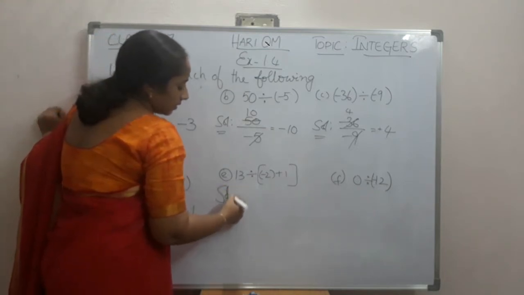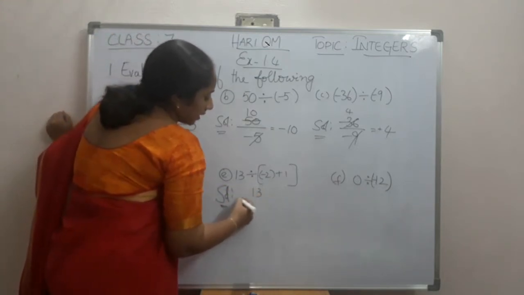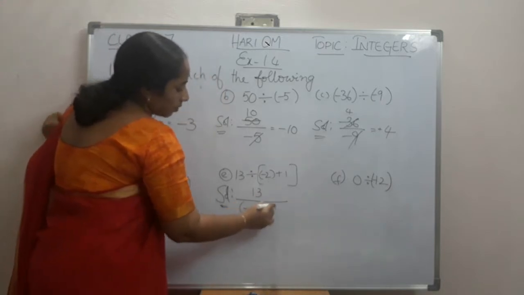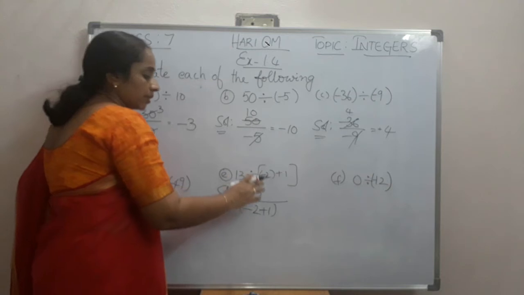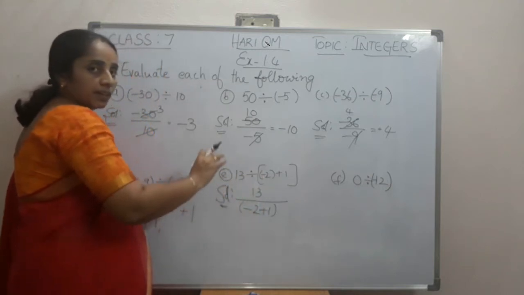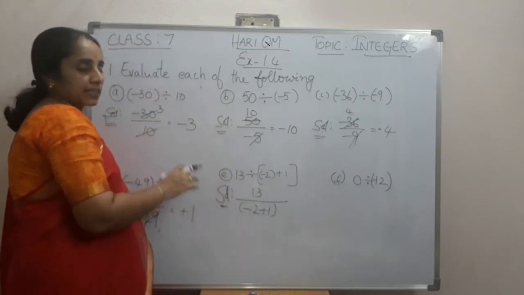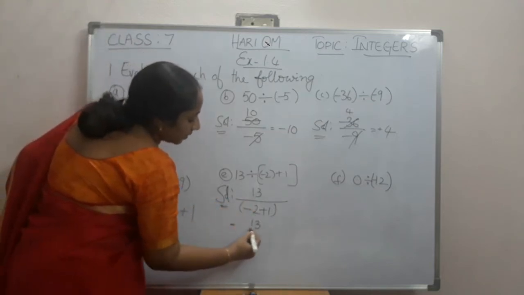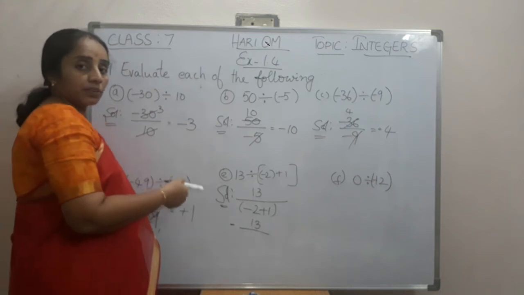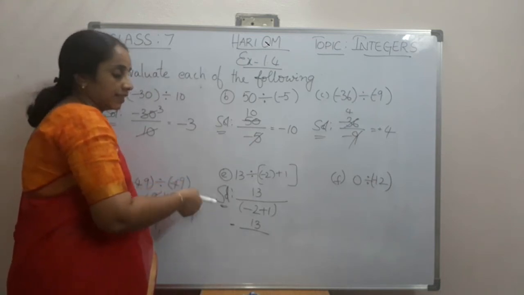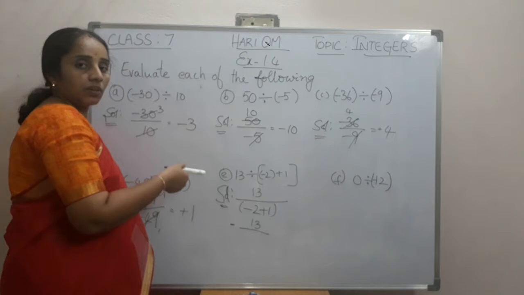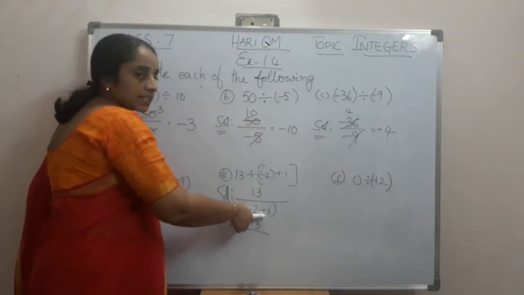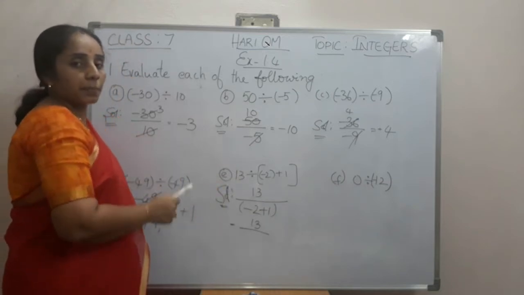And here, 13 divided by minus 2 plus 1. As per the BODMAS rule, first we have to simplify the terms in brackets. As you know how to operate integers under addition or subtraction, if one is positive and the other is negative, we have to subtract.